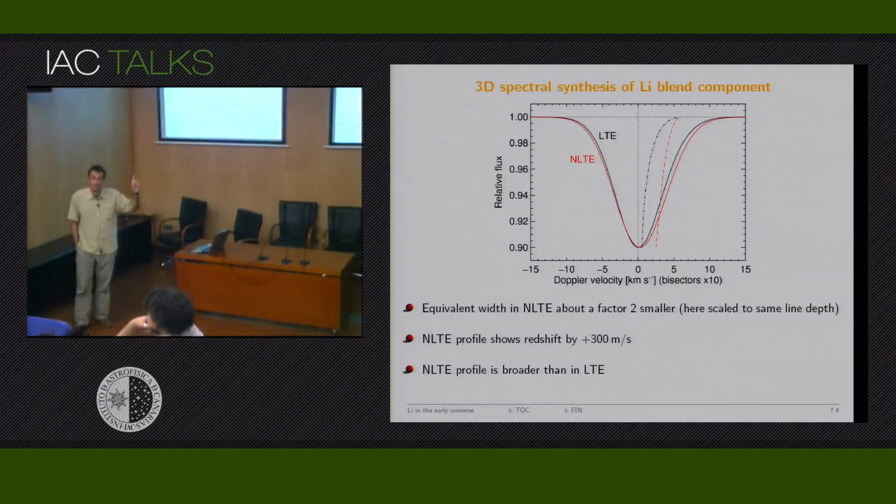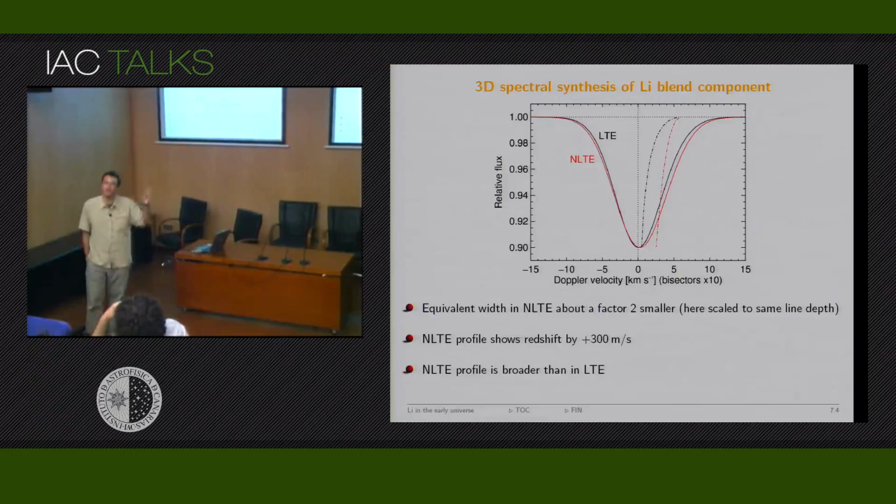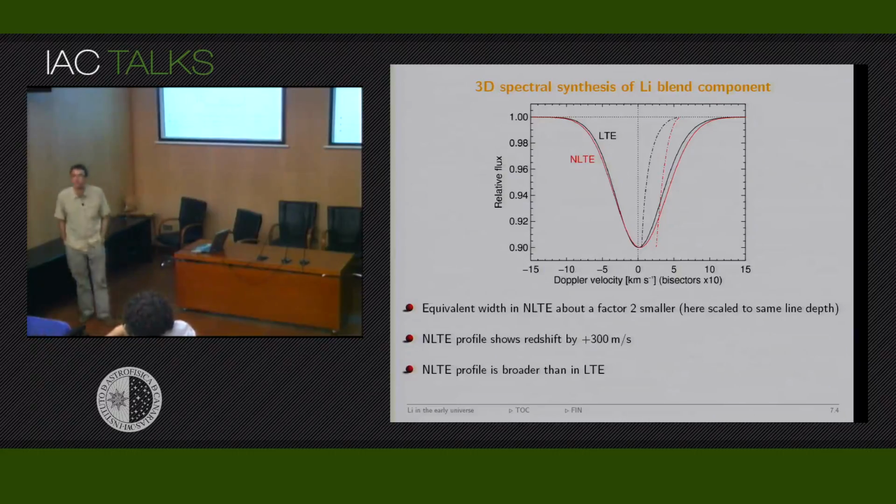But what is striking is this is a line bisector for both lines. The lines show a different redshift. First of all, they show a redshift, and they show a different redshift in LTE and non-LTE, and a different line width. Taking this together, the non-LTE profile predicts a shift of 300 meters per second of the line relative to the laboratory wavelengths.